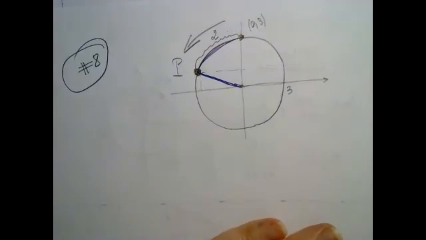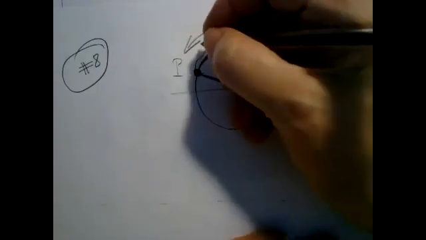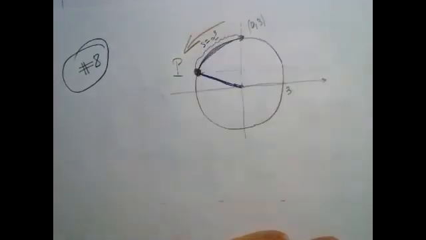So S is 2. Isn't it the radius times the arc length equals, wait a minute. I'm trying to remember the formula. You have to memorize this formula.